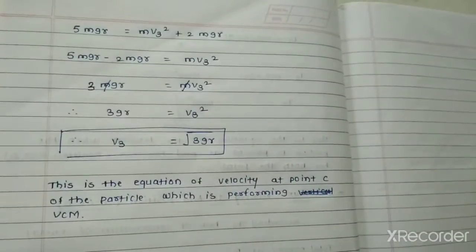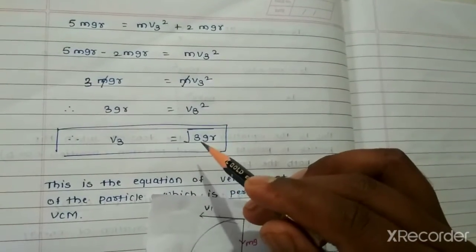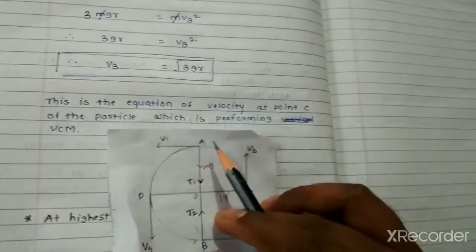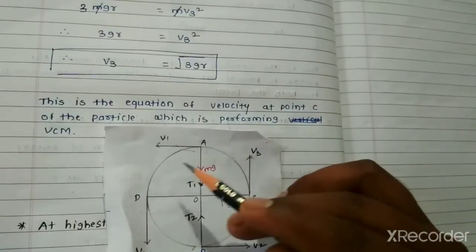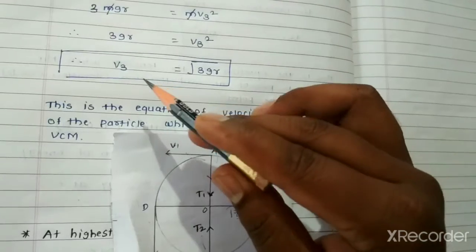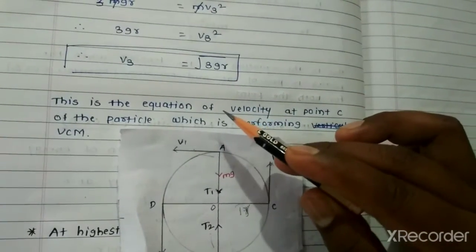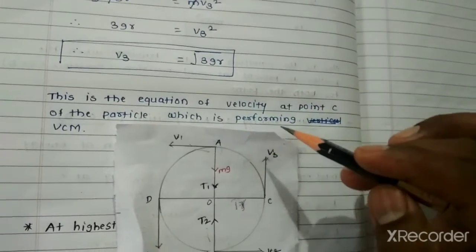Therefore v3 is equal to, taking the square root, under root 3gr. So this is the equation of velocity at point C of the particle which is performing vertical circular motion. V3 is equal to under root 3gr.